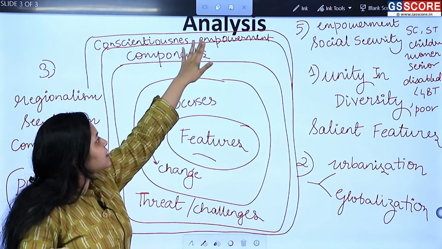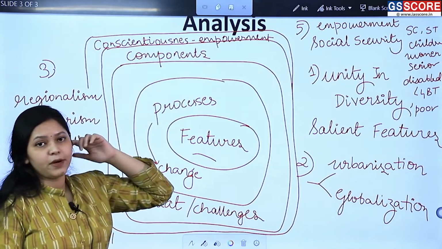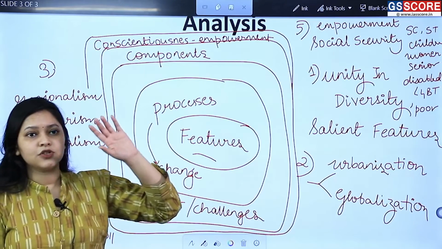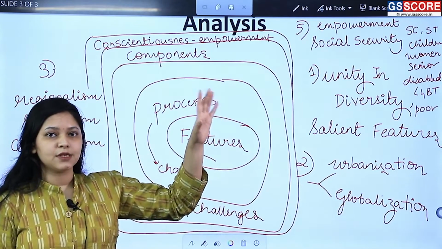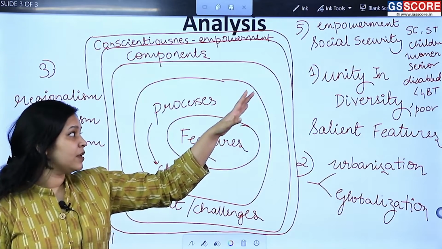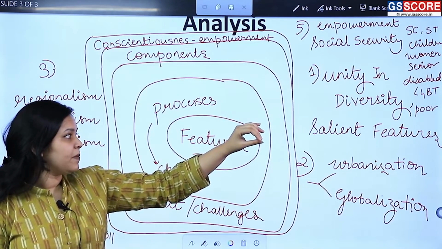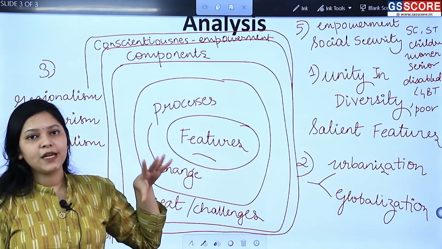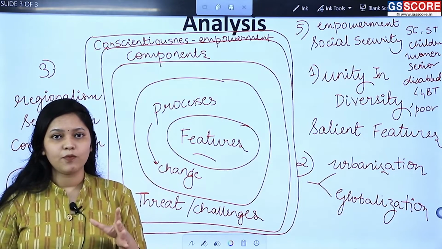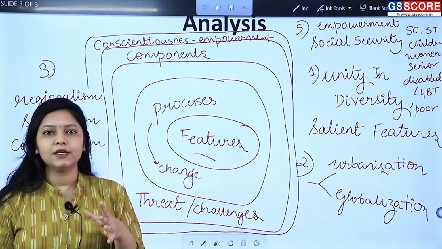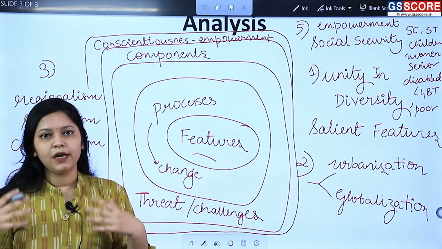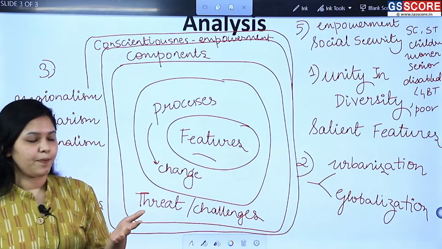And lastly, the conscientiousness or empowerment of the different social classes such as the scheduled caste, scheduled tribes, the disabled, senior citizens, young children, women, LGBTQ community. Over here, we also include poverty and multidimensionality of poverty, developmental indicators, and how do we incorporate or facilitate the process of development.